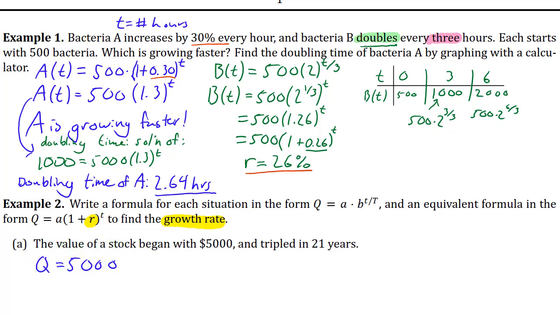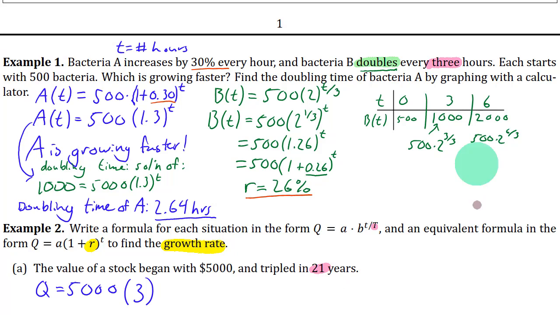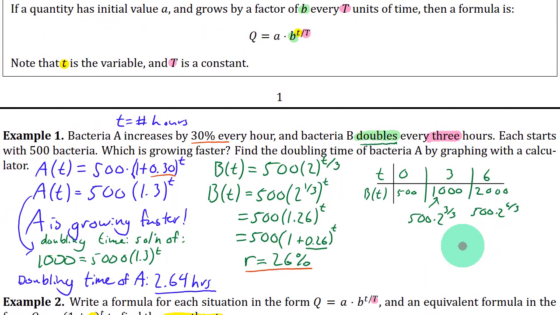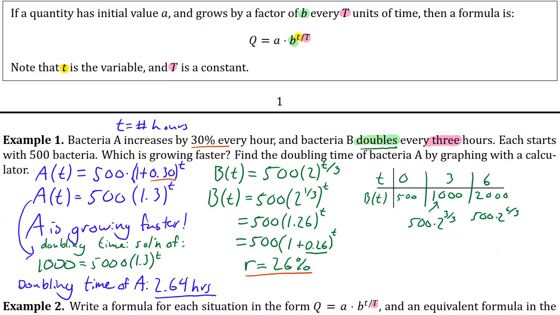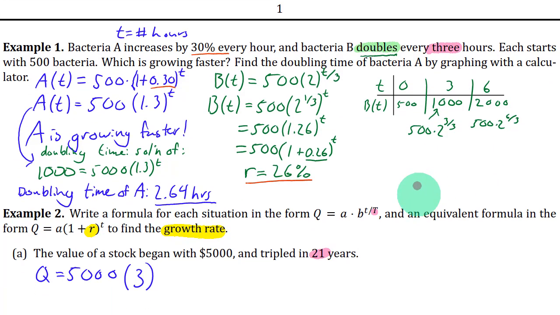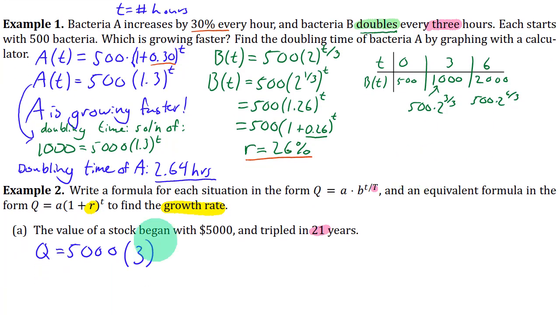And it triples in 21 years. That tripling is describing a growth factor of 3, but it's not a yearly growth factor. It's a 21-year growth factor. So this 21 years is the T in the formula from up here. It's a growth factor of 3 every 21 years. So this is going to be 3 to the power little t over 21.